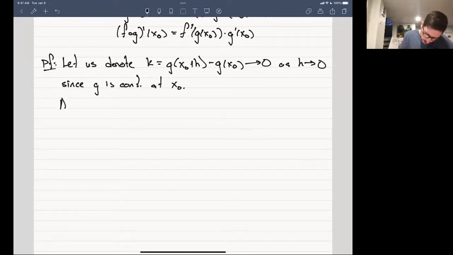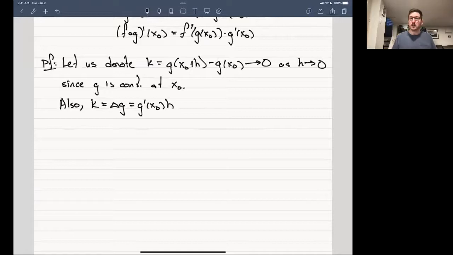Also, from the fact that you're differentiable, k, which is equal to delta g, we can use the basic version of Taylor's theorem here, which tells me this is equal to g prime of x0 times h. That's my linear part. And then plus, I'm going to call this epsilon tilde, because we're going to have another epsilon that comes in for the function f.